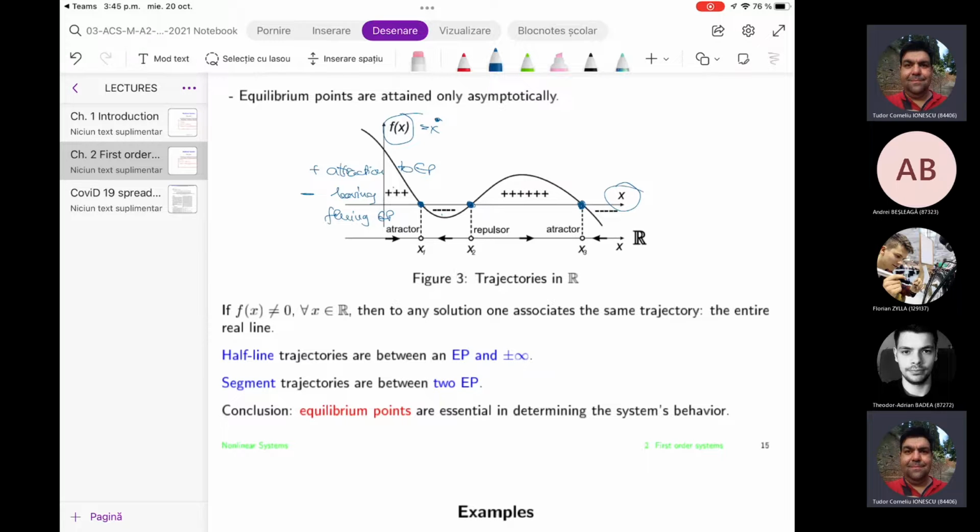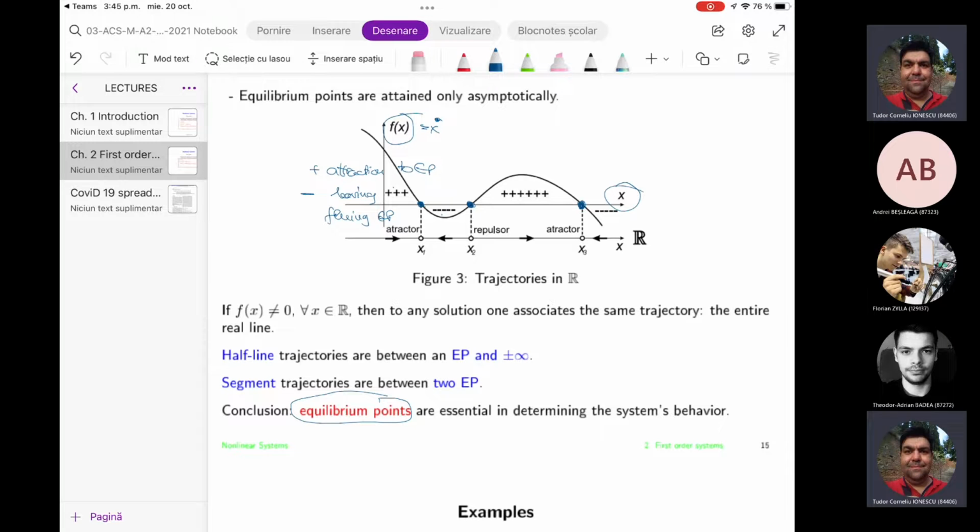Half lines are the trajectories between the equilibrium point and plus or minus infinity. We saw that. And segments are the trajectories between two equilibrium points. The conclusion is that the equilibrium points are the essential elements determining the system behavior.